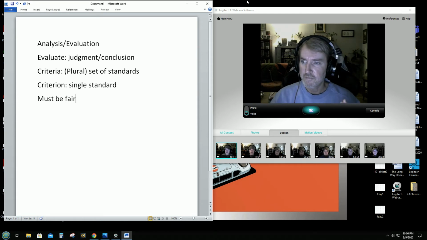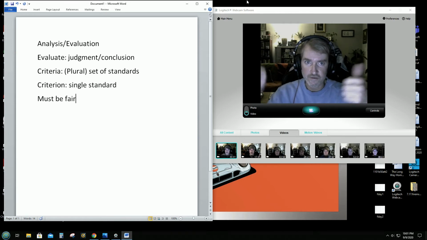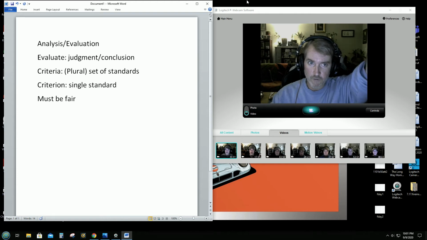That would be an unfair set of criteria to compare the $50 watch to the $50,000 watch. They're both watches. They both have a basic function of telling time, but that's where the similarities end. Everything else is completely different. One's way up here, and one is way down towards the basement.